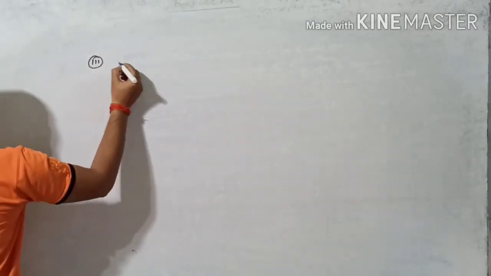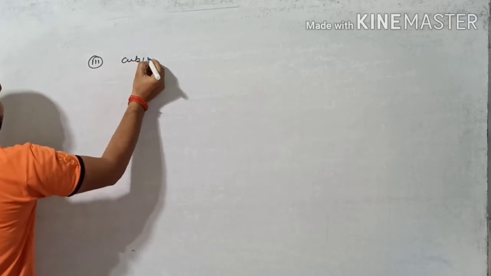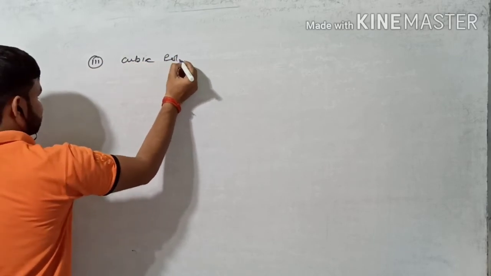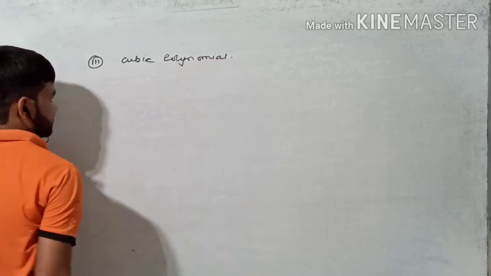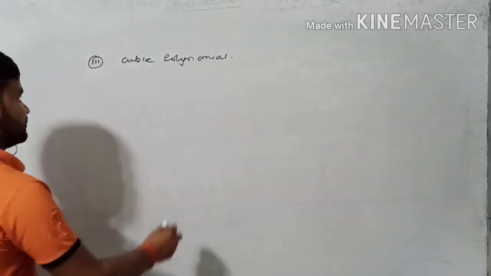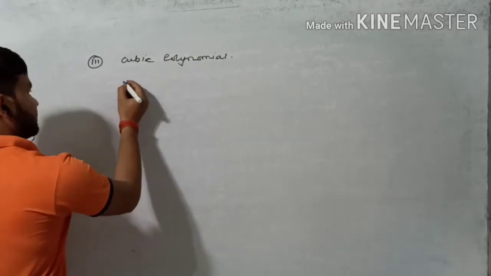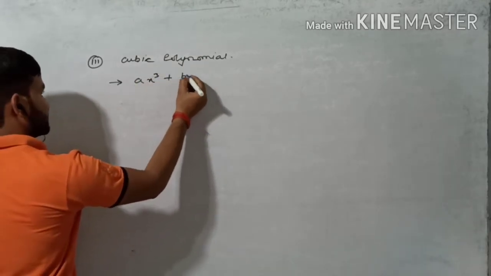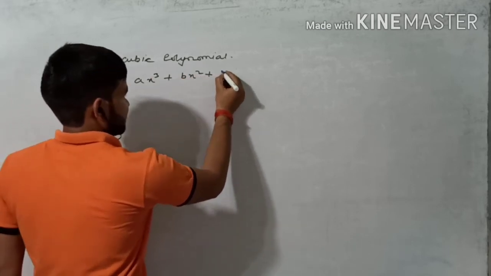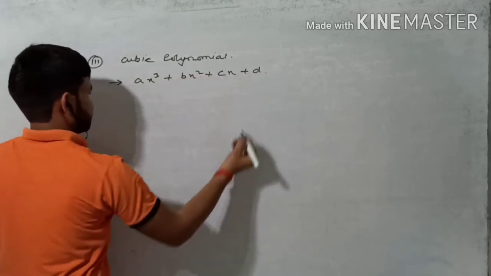Next is cubic polynomial. The standard form of a cubic polynomial is ax cube plus bx square plus cx plus d.